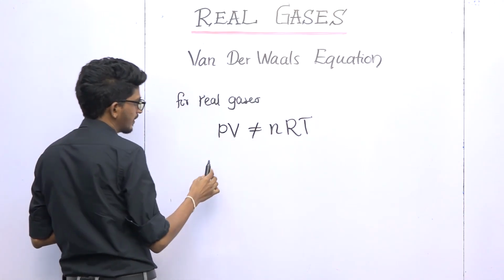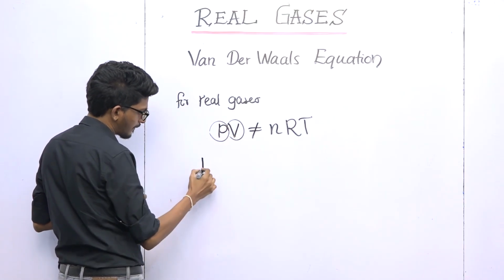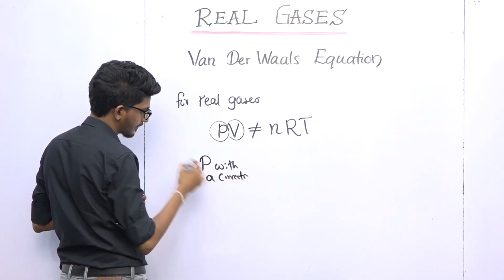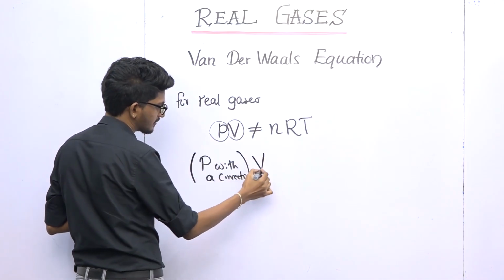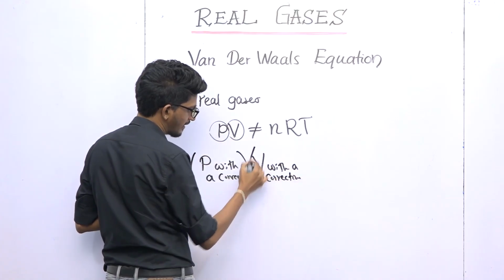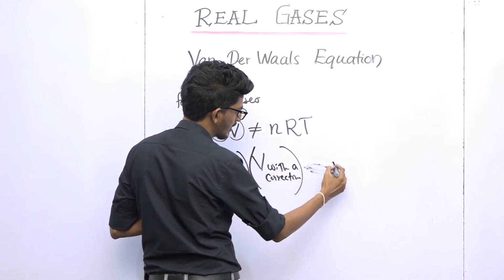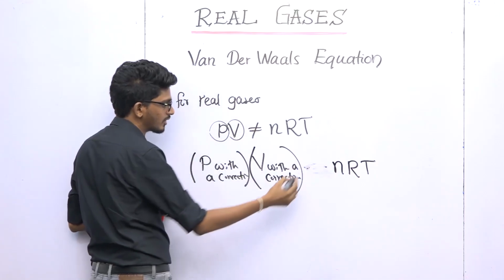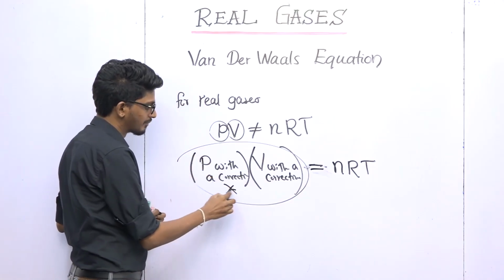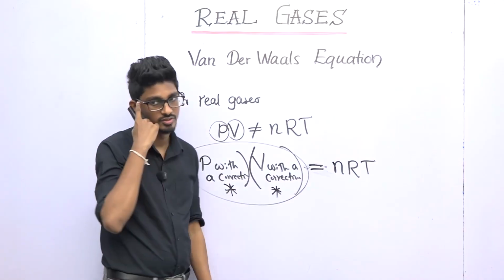If we can make some corrections for P and V, a correction for pressure and a correction for volume, some added value or some deducted value, then we would be able to equalize that multiplication to nRT. That is what we are doing with the Van der Waals equation, coming up with corrections for pressure and volume.